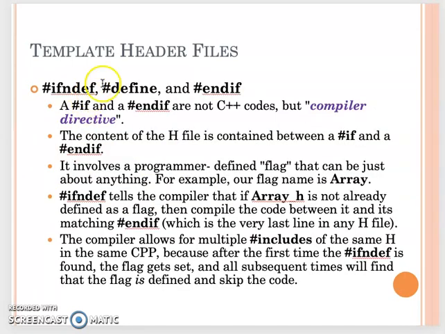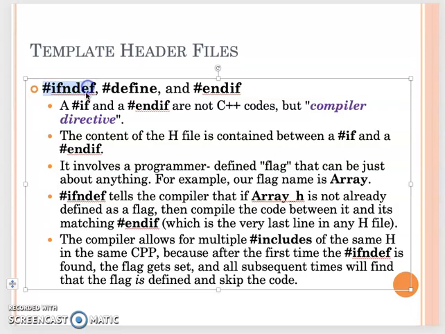So here we introduce what we call the include guard. Many of you may have already seen it in a prior class. The include guard is the #ifndef, then #define, then #endif. These are not really C++ code, but compiler directives, which the compiler will recognize.